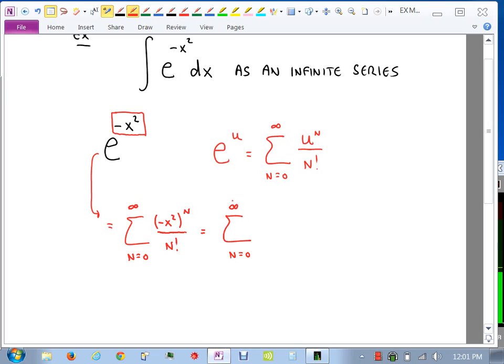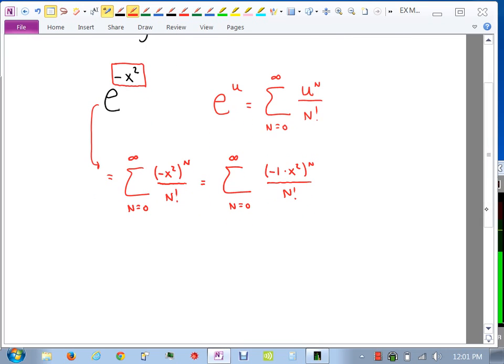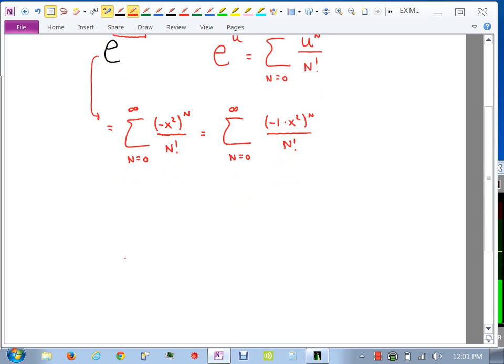Okay, this is the same as negative 1 times x squared to the n, over n factorial. I'm going a little slower, but I'm making sure you understand that the negative in front of the x squared is not getting squared, right? So it's a negative 1 by itself. Now apply the nth power to each of those.